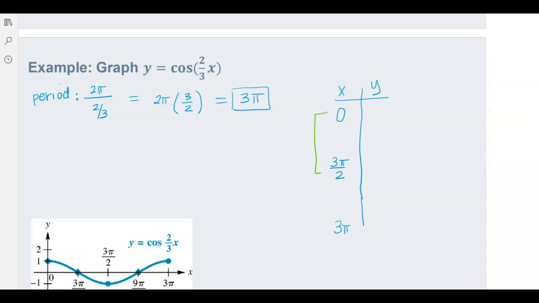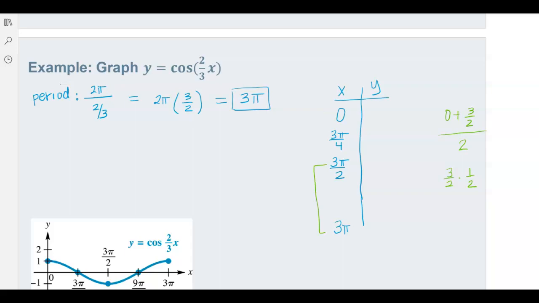All right, now I've got to find the halfway point between these two. So I add them together, 0 plus 3 halves, and then I'm going to divide that by 2. So that'll be 3 halves times 1/2, which is 3/4. This is going to be 3 pi over 4. All right, and then I will find the halfway point between the last two, between this and this.